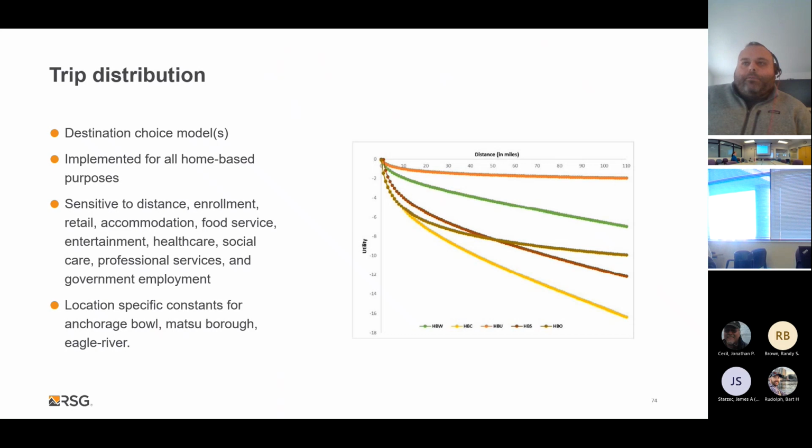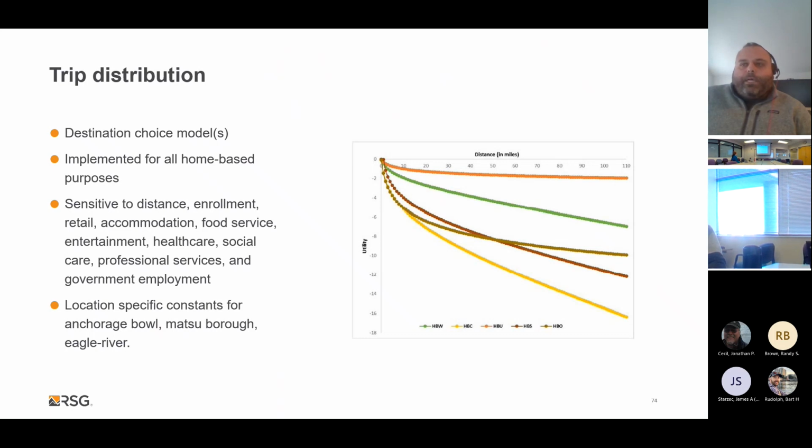And so these are implemented for all home-based purposes. And it's sensitive not only to distance or travel time, but also things like enrollment, retail, accommodation, food service, entertainment, healthcare, social care, professional services, and government employment. So we consider other factors in the determination of where you're going to travel. So it's not just destination-based metrics.